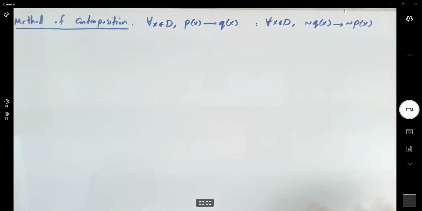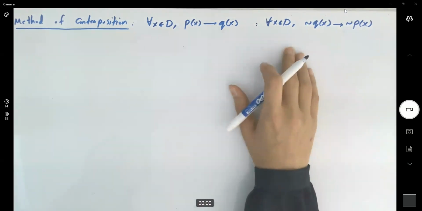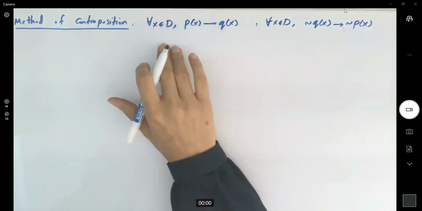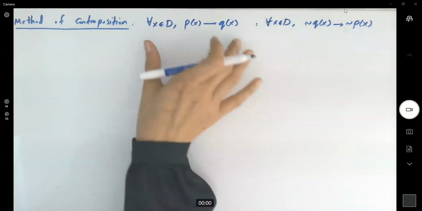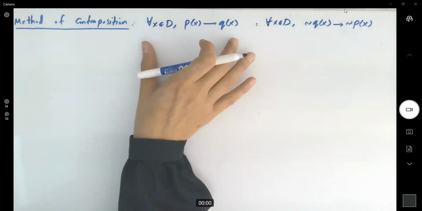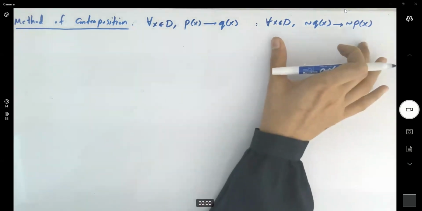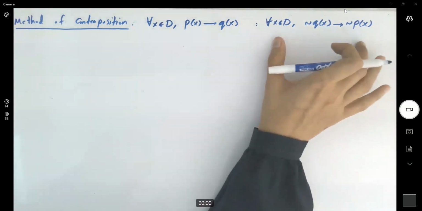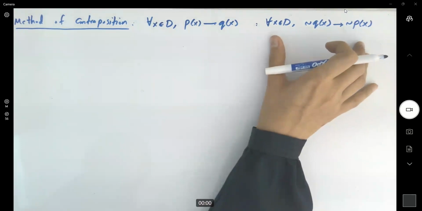This is the definition of contraposition. So if you have a statement in implication form, instead of proving the implication, you can just switch to its contraposition and try to prove the contraposition instead.